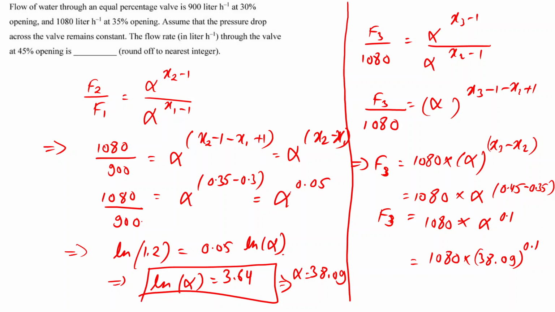So it will be 1.43 into 1080. So we can approximately write this as F3 is equal to 1555.